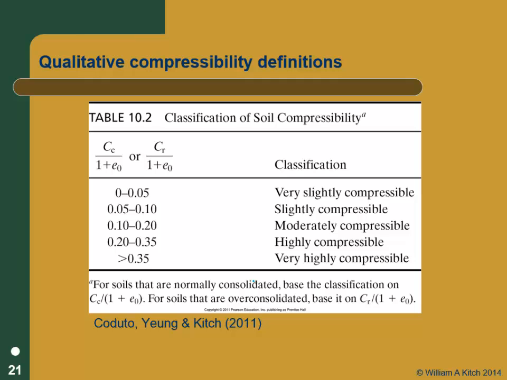I think it's a nice description of the slope of the curve. And so when somebody tells you that they got a C sub C epsilon of 0.2, you go, ooh, that's soft stuff. That's very compressible. So this is a nice way for you to calibrate your engineering judgment brain. That's about all it's good for, but it's good for that.